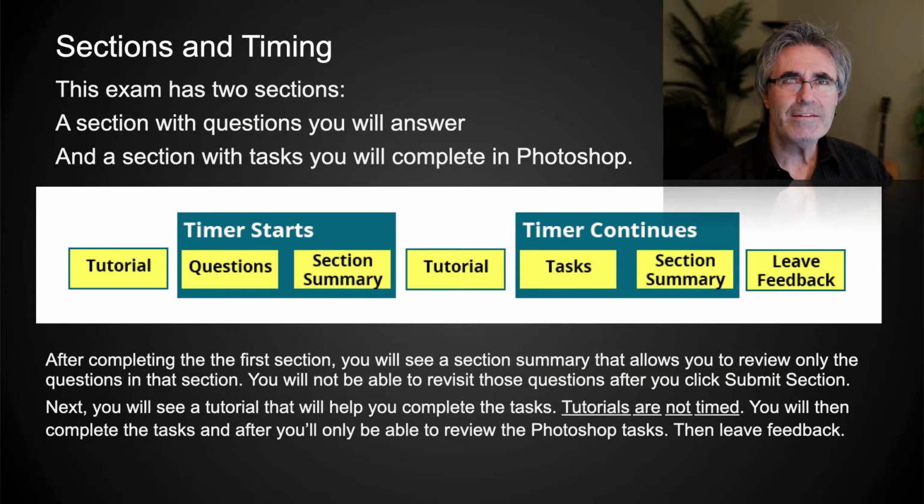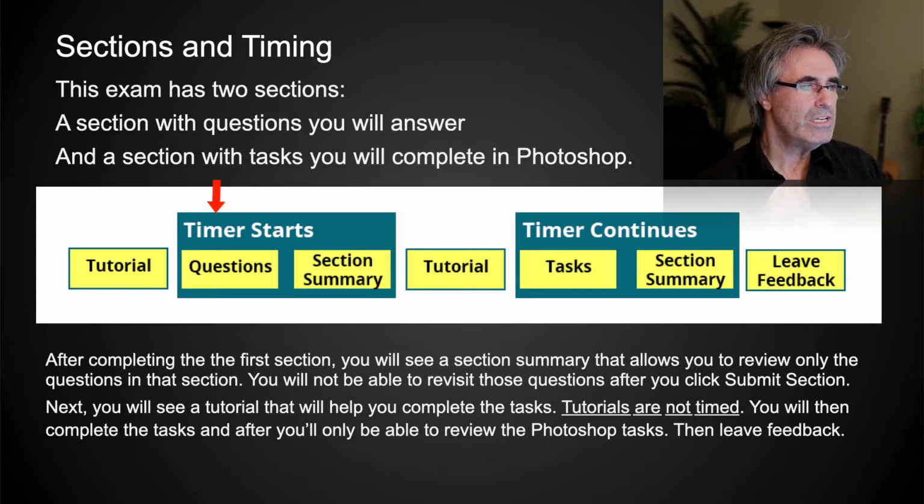Sections and timing. This exam has two sections: a section with questions you will answer and a section with tasks you will complete in Photoshop. Now, this tutorial right here is a tutorial about how to take the test. You read that and then the timer starts.